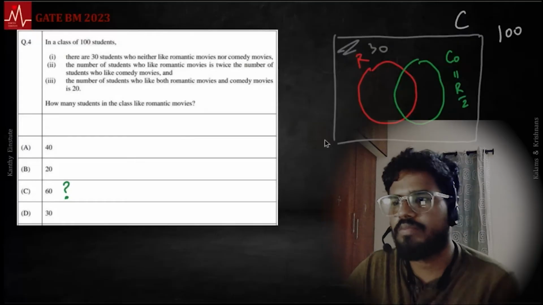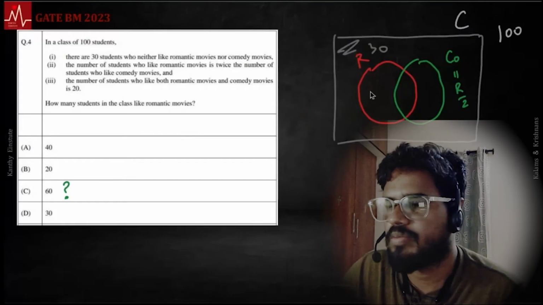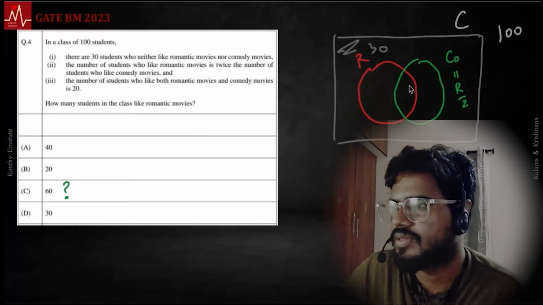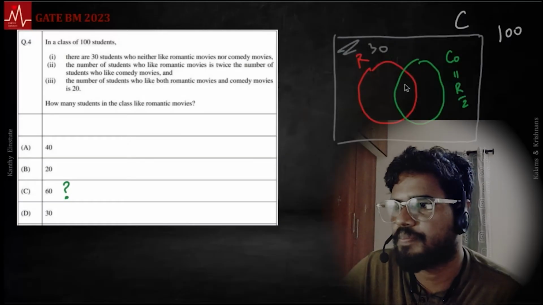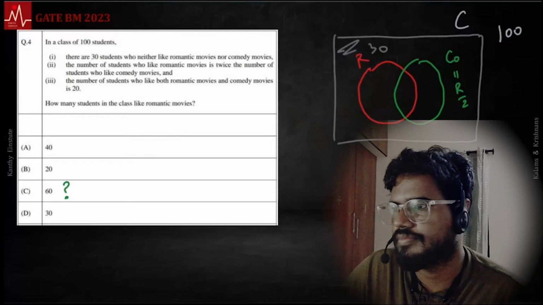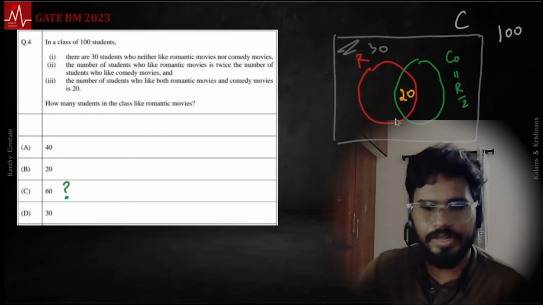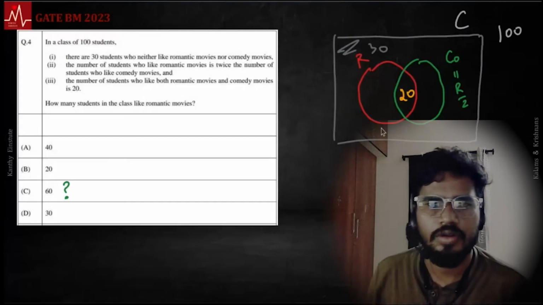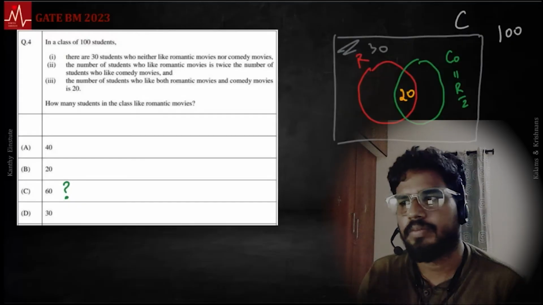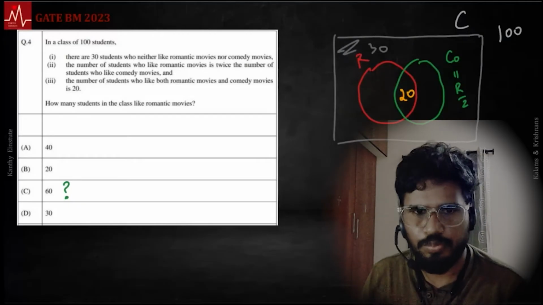Number of students who like both romantic movies and comedy movies. There is also this bit given here, that is 20. I'm kind of careful how I write those information. You need to use a method that works well for you, an error-proof method.